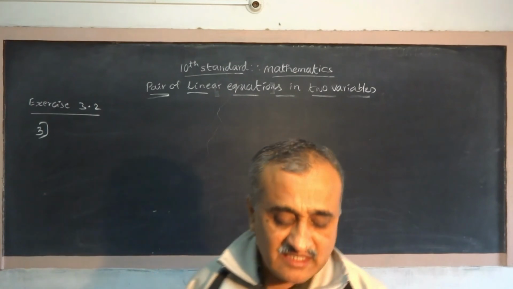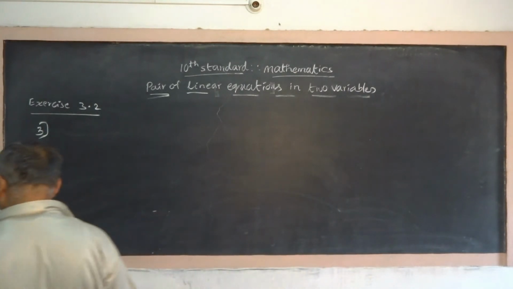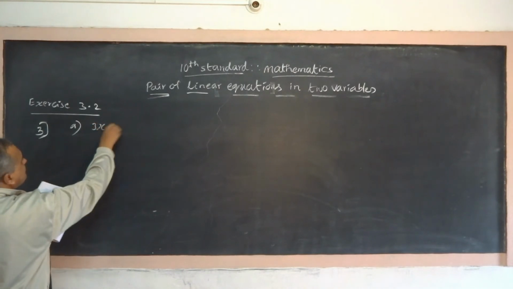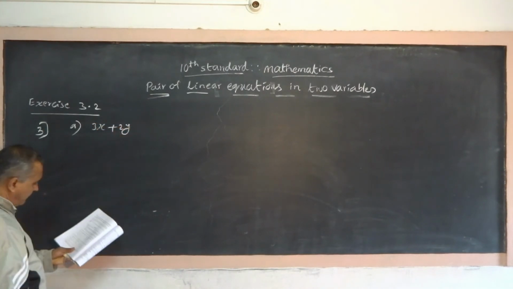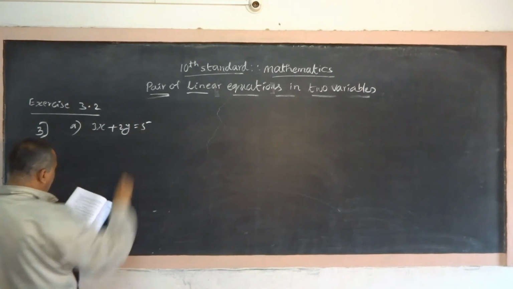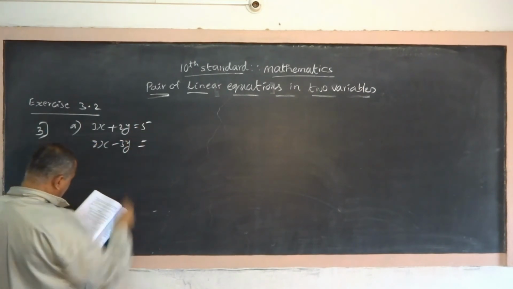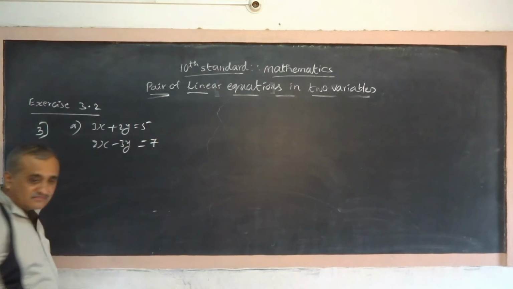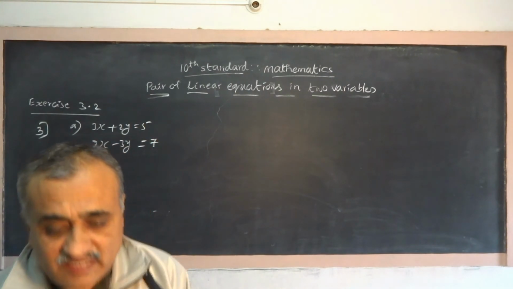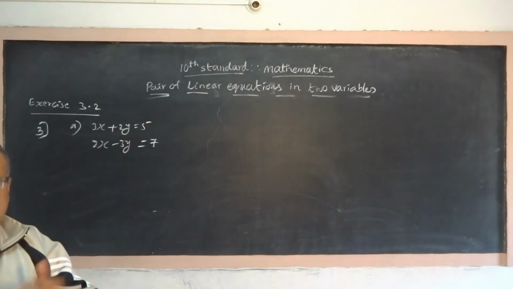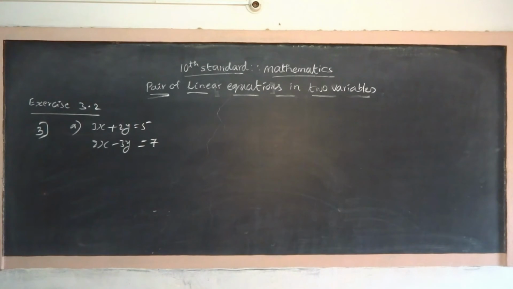Now take the first one: 3x plus 2y is equal to 5, and 2x minus 3y is equal to 7. The method remains the same.